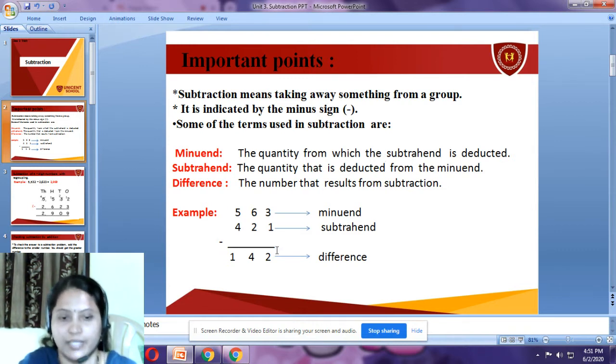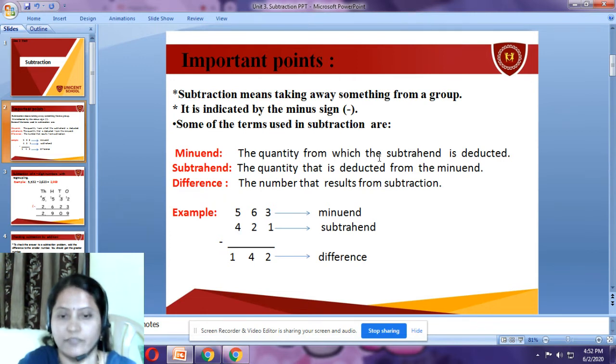I'll explain with an example, children. Here, 563 minus 421. That means we have to subtract 421 from 563. The number that is to be subtracted is the subtrahend, and the number from which we have to subtract is called the minuend.